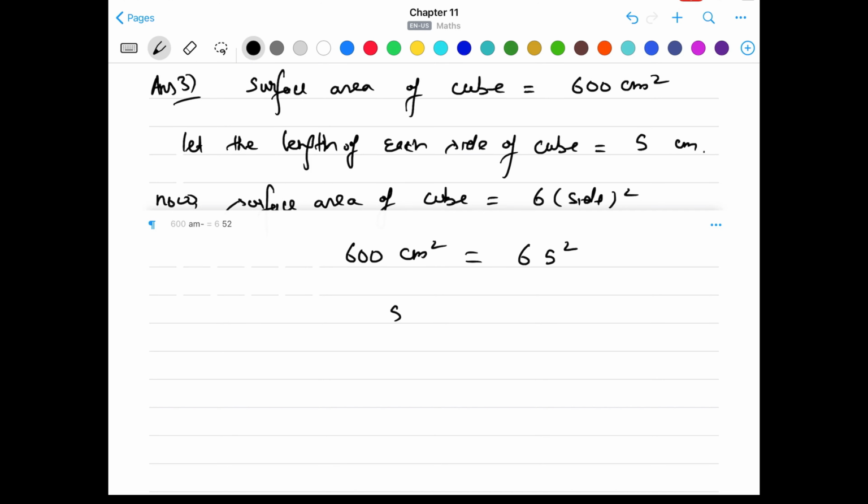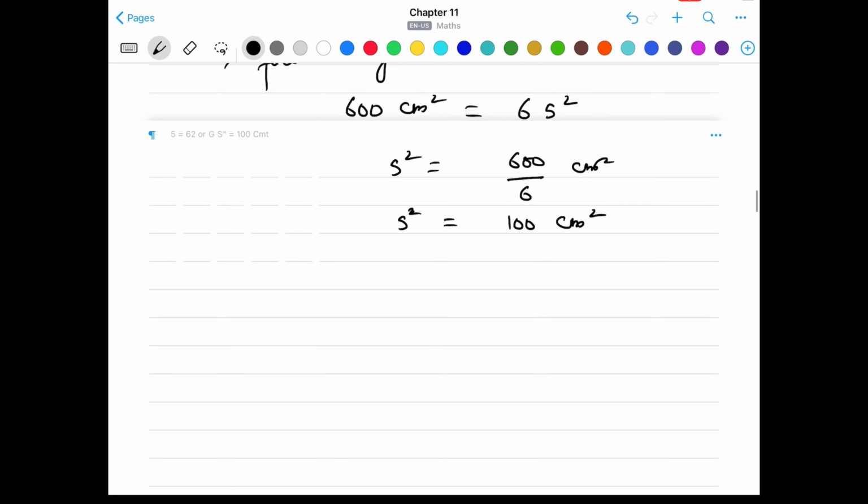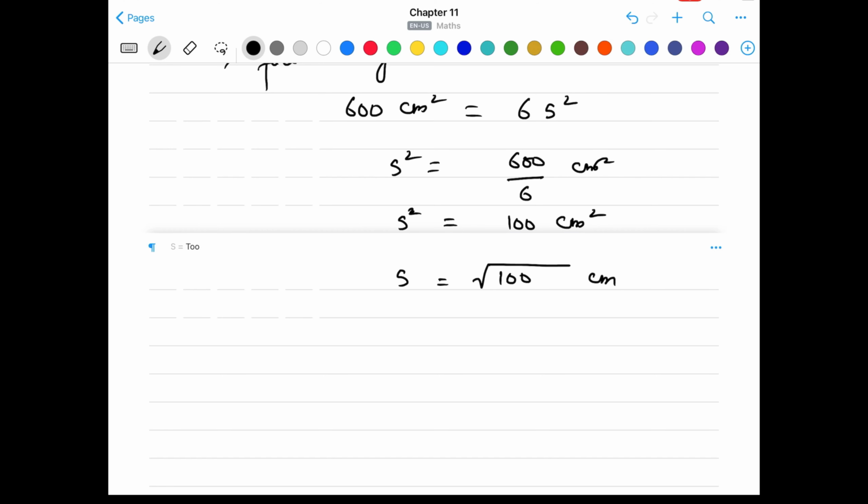So from here s square will be 600 divided by 6 centimeter square, or s square will be 100 centimeter square. When we find the square root of this 100, we'll get s as the square root of 100 centimeter, or s will be equal to 10 centimeter.